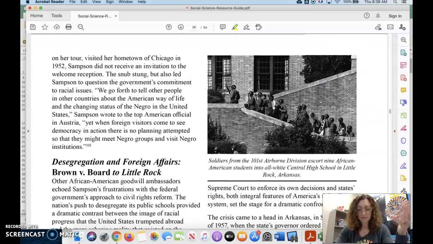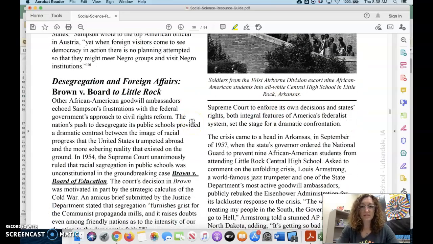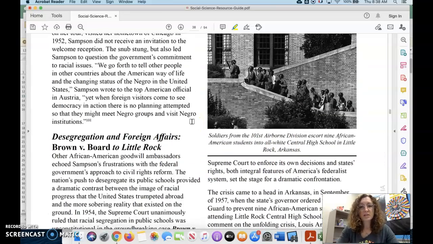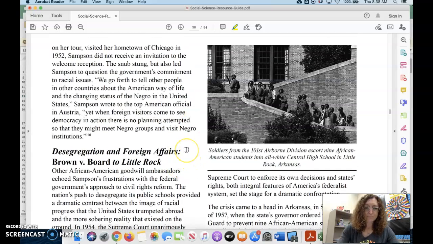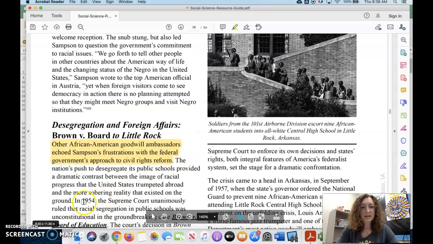And again, Louis Armstrong's going to show up again as someone that has this frustration as well. So this brings us to the Little Rock incident. Lots of these goodwill ambassadors echoed Edith Sampson's frustrations over civil rights reform.